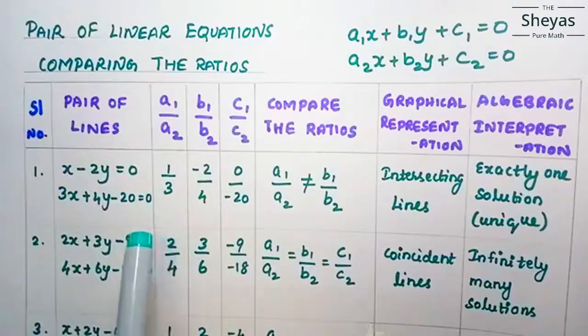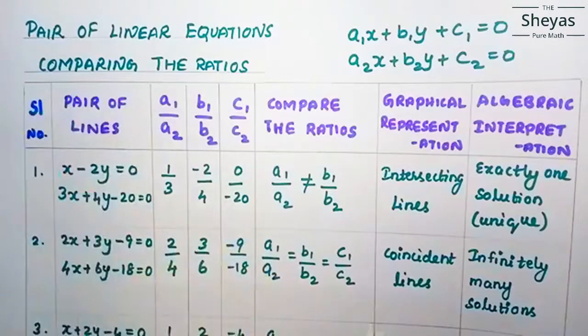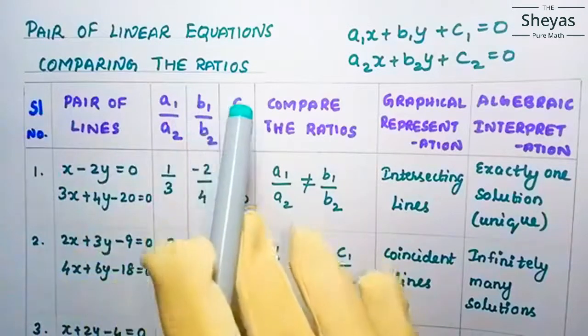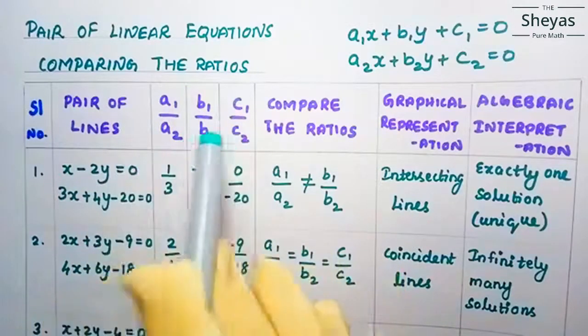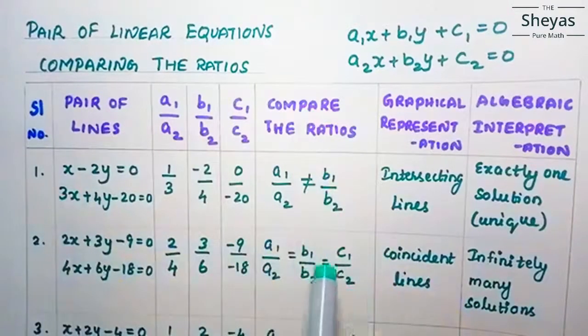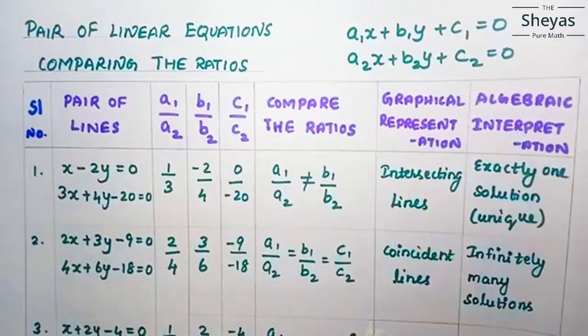So here I have taken the pair of lines in this column, and here a1 by a2 and b1 by b2 and c1 by c2, all the coefficients. Okay, and we have compared the ratios in this column and the graphical representation and the algebraic interpretation.